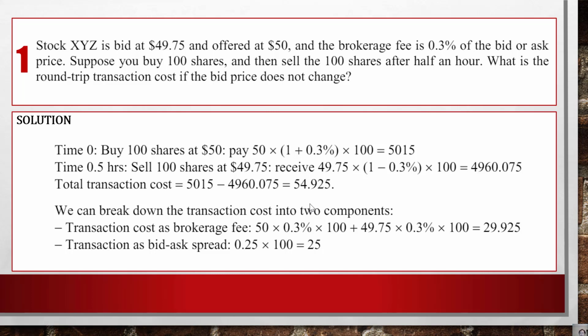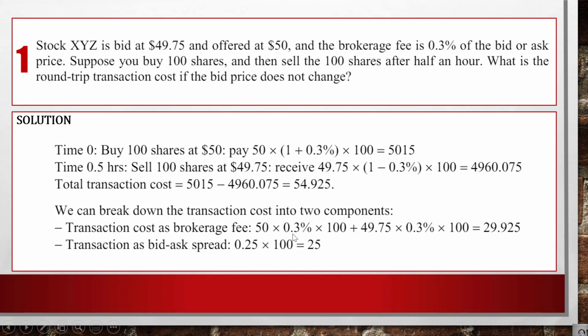Now, if we break down these costs into the two components, first the transaction cost as the brokerage fee and the transaction cost as the bid-ask spread. For the broker's fee, we got 0.3% times the price, which is $50, times 100.